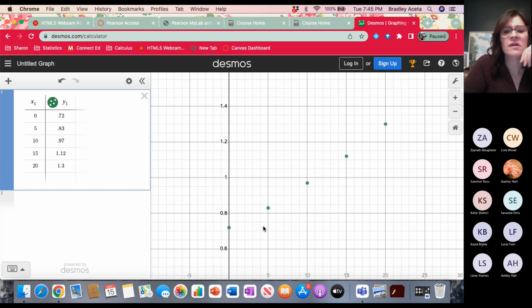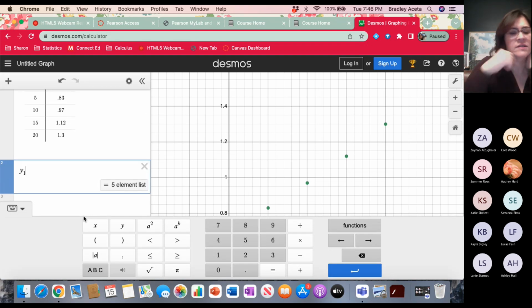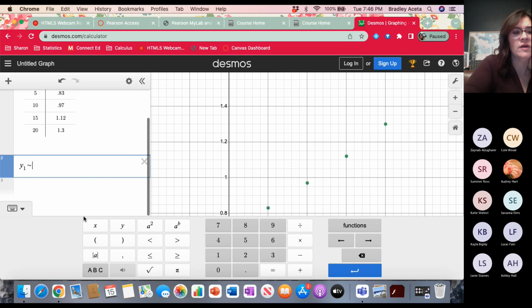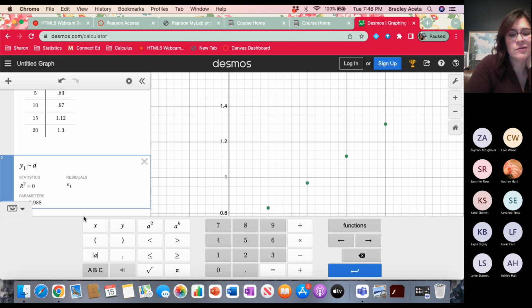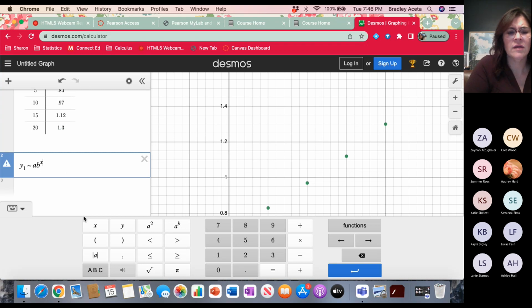Look at that. Looks pretty linear, but according to what they asked us to, we're going to model it with an exponential regression. So again, to write this in there, you would say y1, and it already does the sub for you. Put the little squiggle, put an A. They put C, but I just choose A. And then I do B to the power of x sub 1.